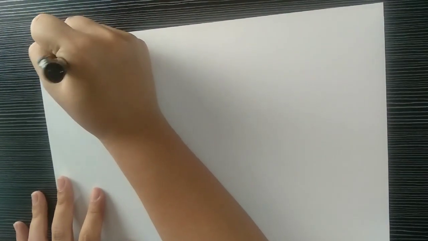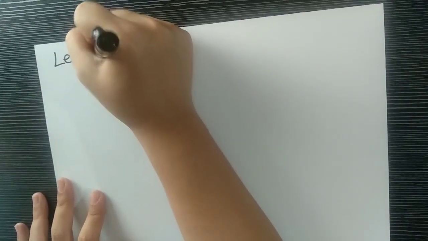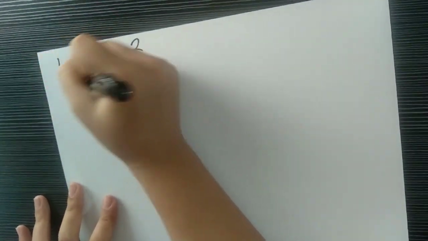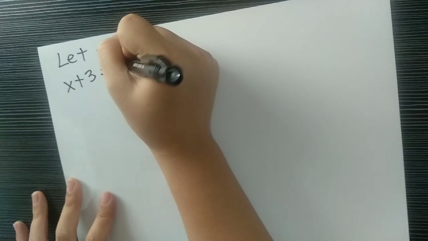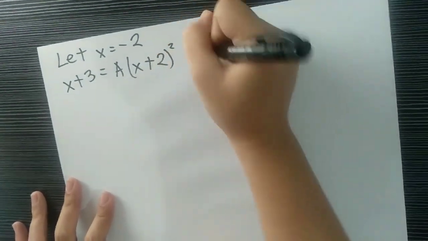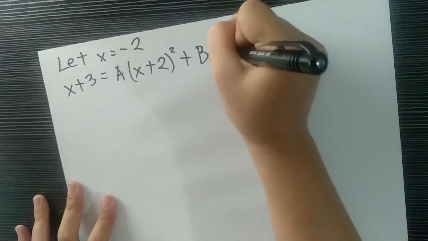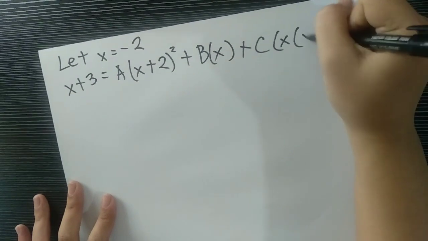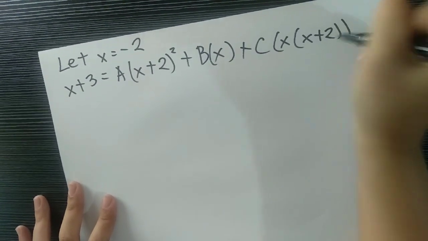Now, let's find the value of B. Let x be equal to negative 2. So that's x + 3 equals A times (x + 2) squared plus Bx plus C times x times (x + 2).